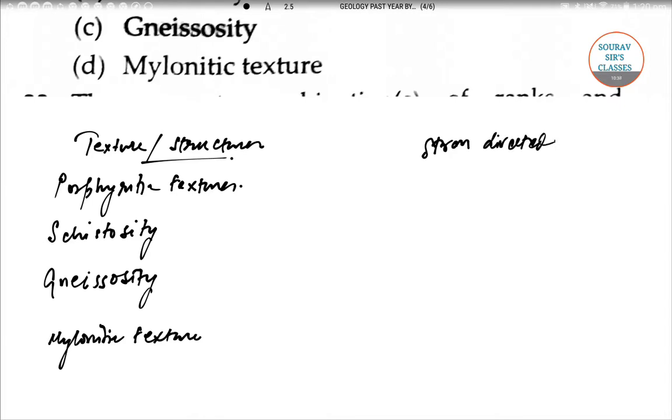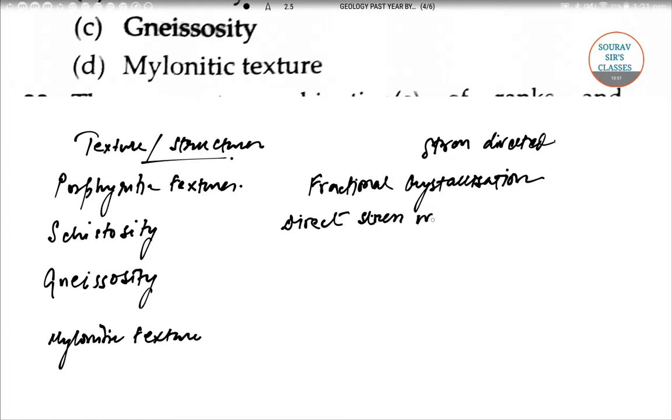So for porphyritic texture, we have fractional crystallization. Then for schistosity we have direct stress with respect to the parallel of the grains.